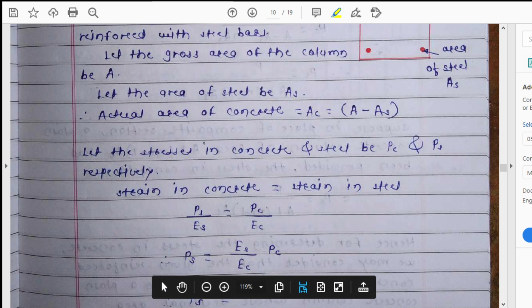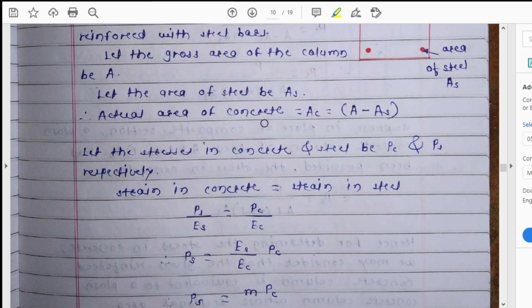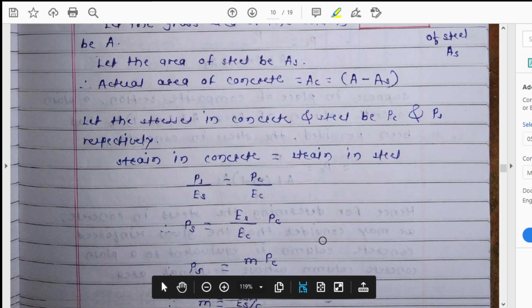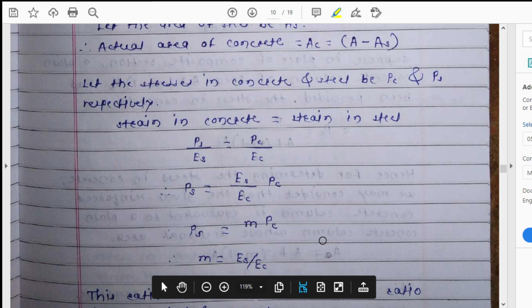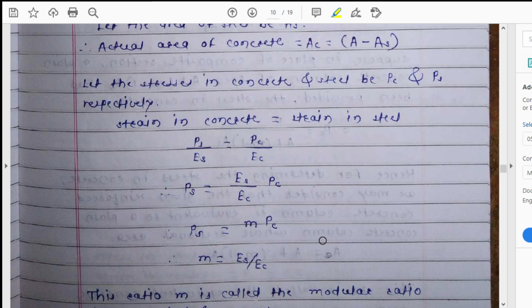That means the overall area of the column minus the area of steel will be the actual area of concrete. The formula will be the same as we have calculated in previous examples and previous theory. Let the stresses in concrete and steel be PC and PS. So the strain in concrete will be equal to the strain in steel.